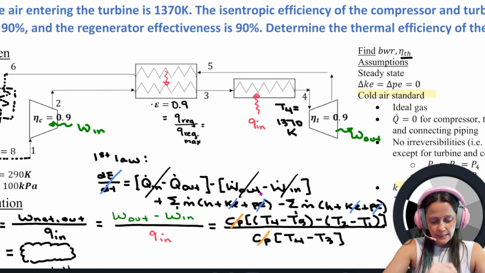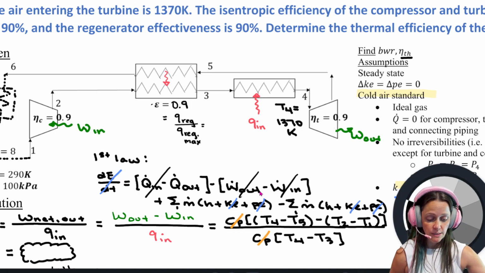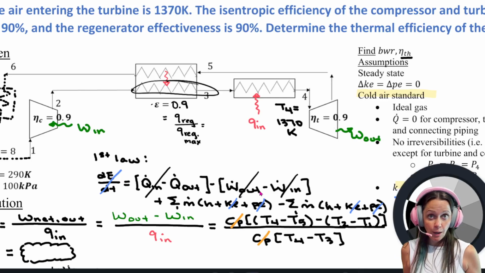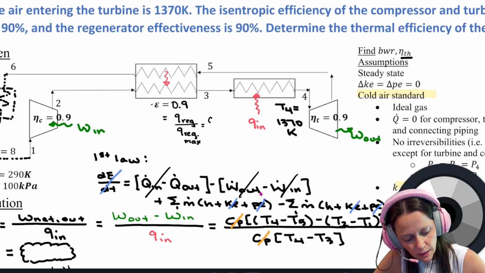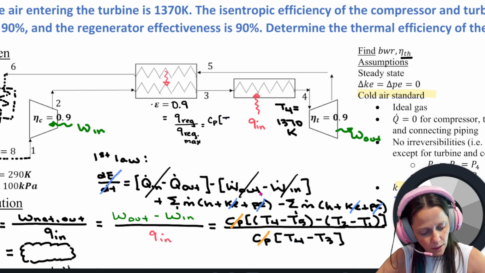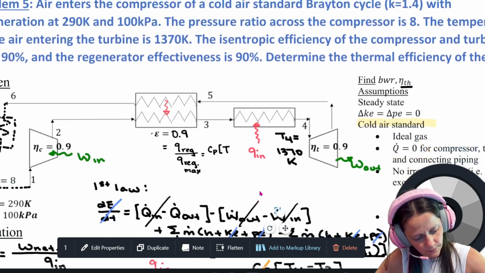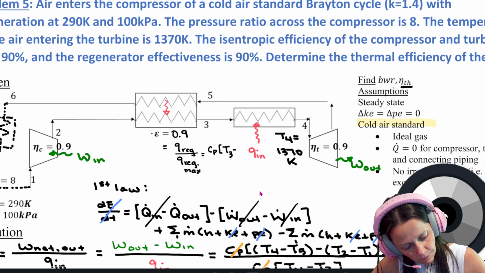I'm going to skip to the chase about the Q regen. It's going to be a delta H, right? Draw my control volume around that bottom squiggly. It's going to be a delta H, H3 minus H2, or in terms of CP delta T, CP times T3 minus T2.